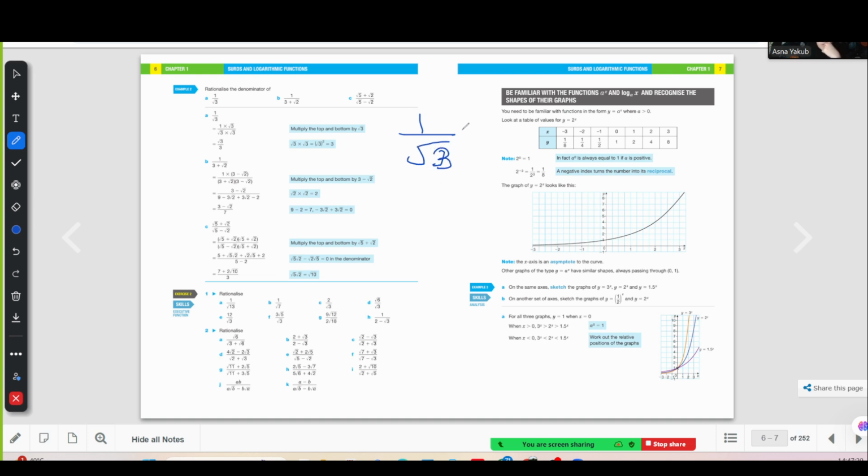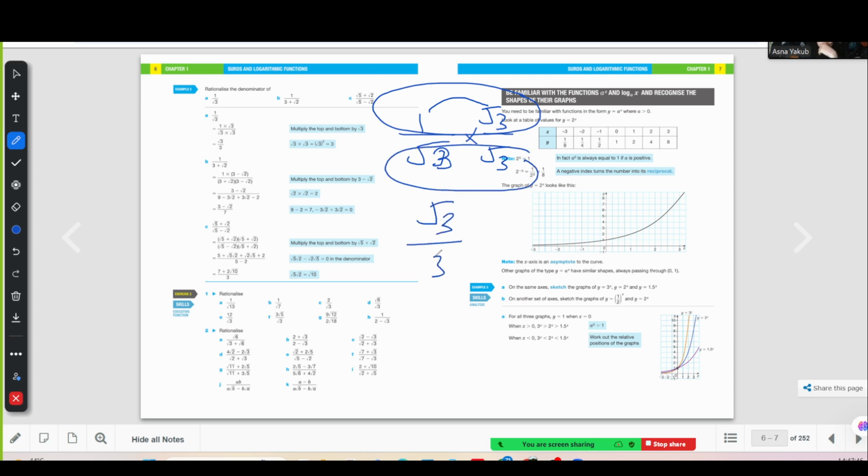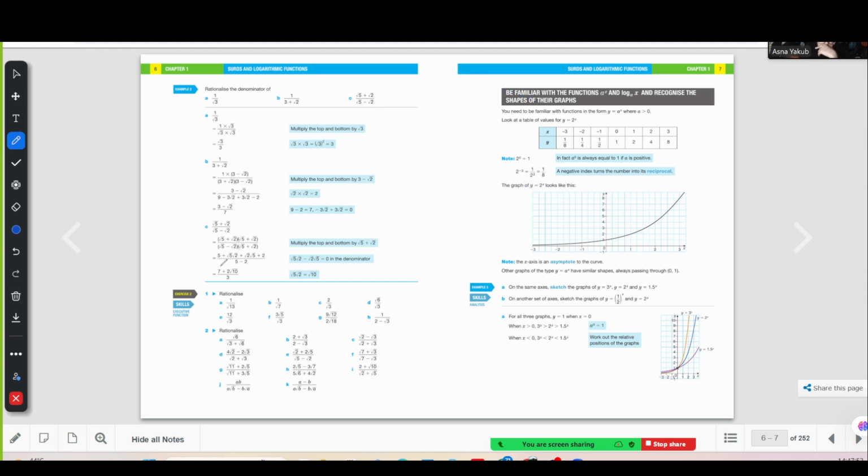So to get rid of this, we will multiply numerator and denominator, both of them, with square root 3. Now, how do we multiply fractions? This with this will give me square root 3, and this with this is just 3, right? Now you can see we have a denominator without square root. This is called rationalizing.